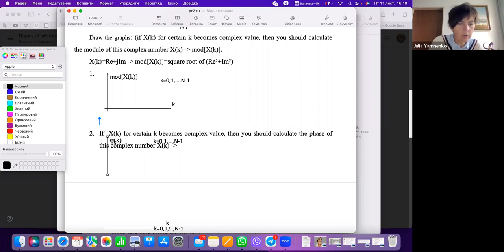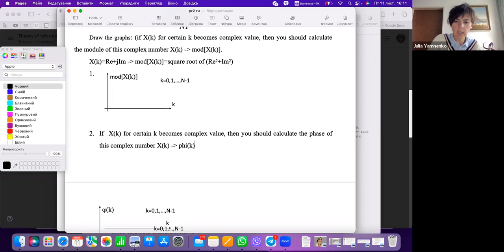This is drawn below here. So if you have a complex value, then you calculate at first the module and put it on the first graph, and then calculate the phase. And this phase could be calculated like phi. I am just writing it not like a symbol, but phi. You will understand that phi, it's a phi, yeah?